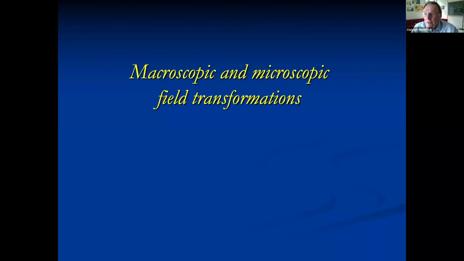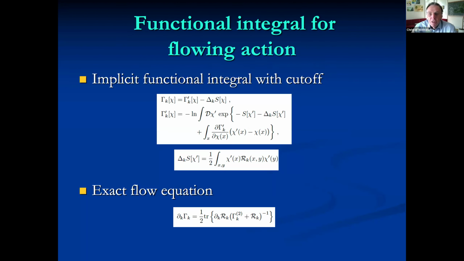Now let me explain a bit more the macroscopic and microscopic field transformations. We start from a functional integral for the flowing action, and I use here the implicit functional integral definition of the flowing action. So you see it's given by the log, and then you have a functional integral over chi, you have the classical action, you introduce the usual quadratic cutoff term, and then you have a term that involves dΓ/dχ, the macroscopic field, times χ' minus χ.